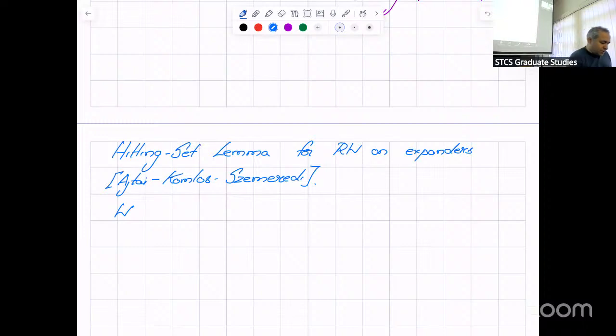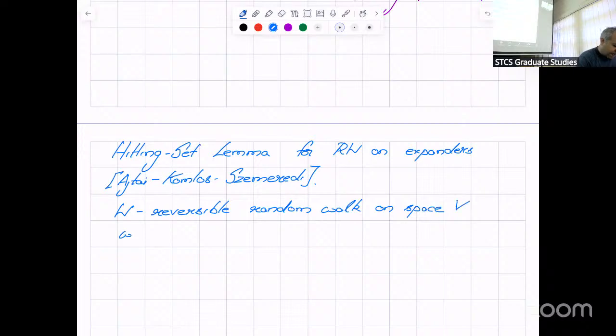So let W be any reversible random walk on the space V with max of lambda 2 and lambda n being at most lambda. So we're going to ask the same property.